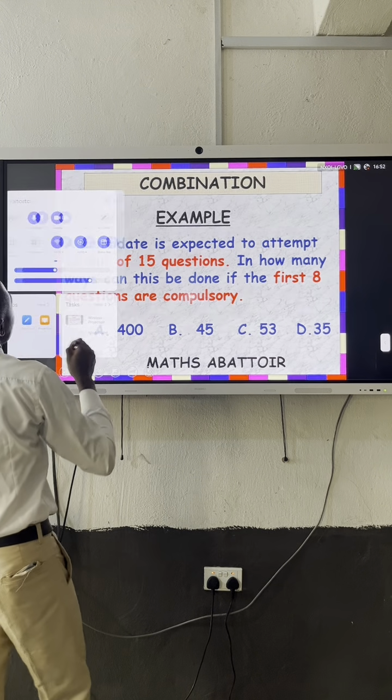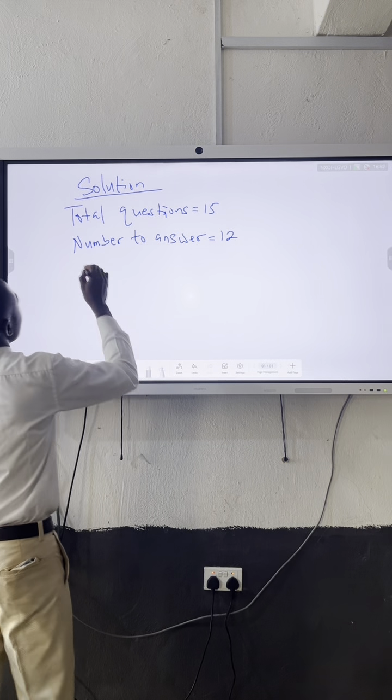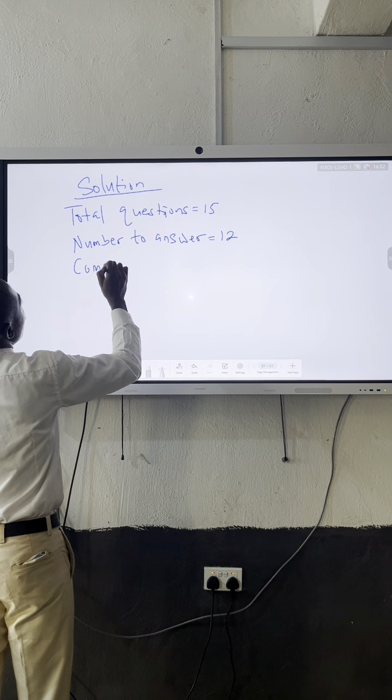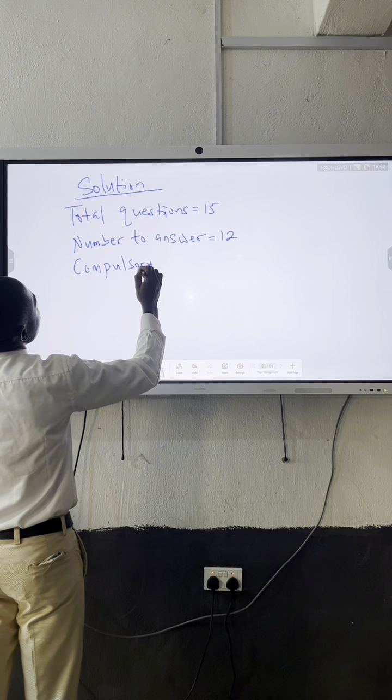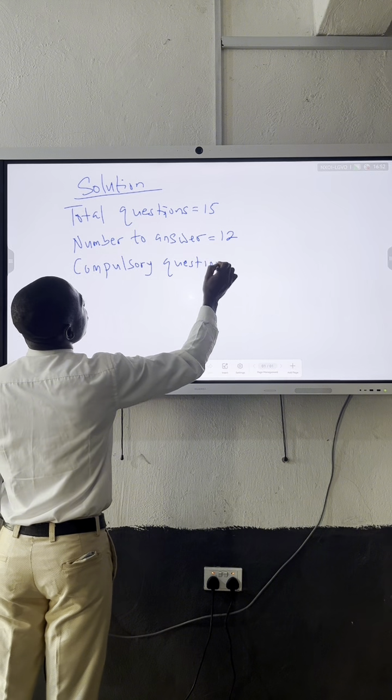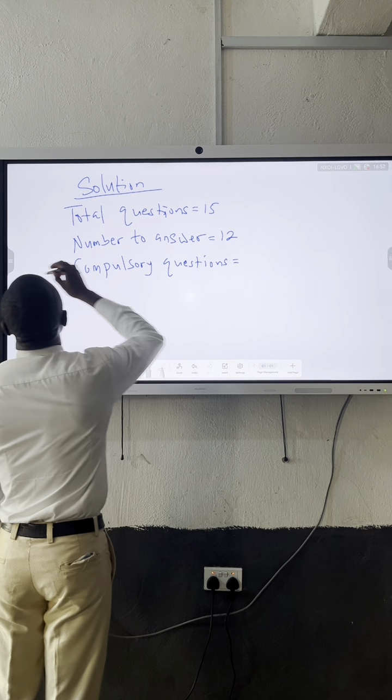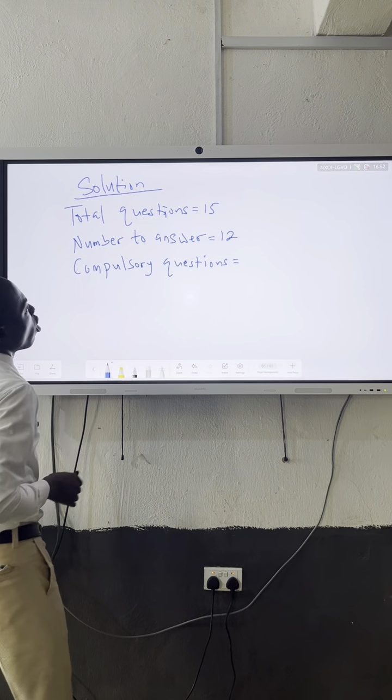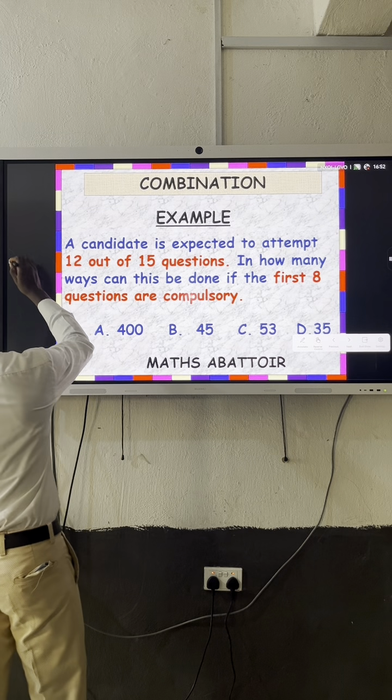Compulsory questions are 8, according to the question.